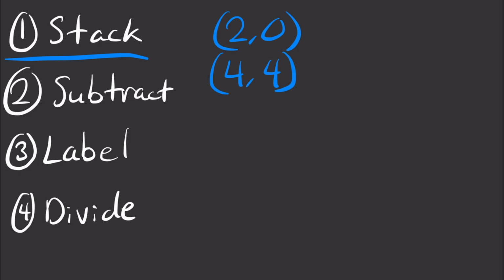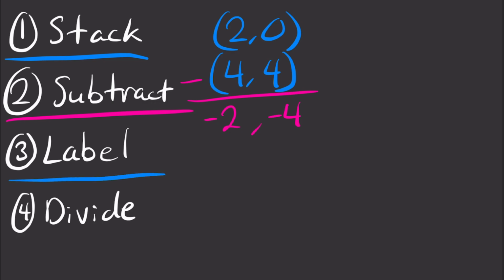Next, we subtract. Alright, 2 minus 4, as we saw earlier, is negative 2. 0 minus 4 is negative 4. All right, now we're going to label. So that's going to be the bottom.